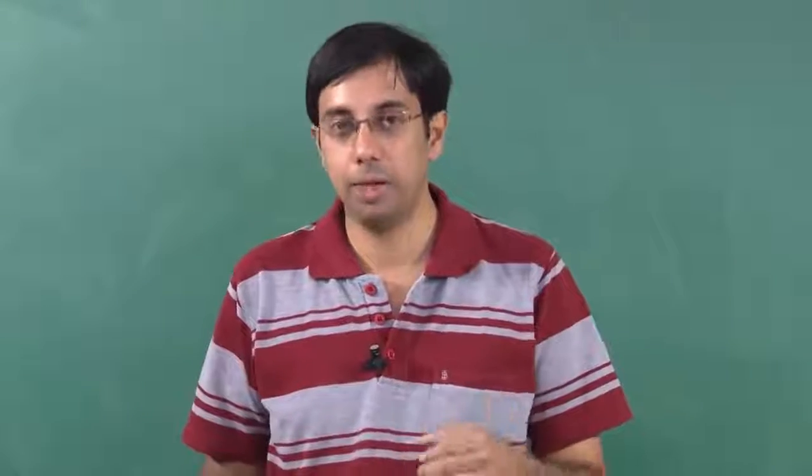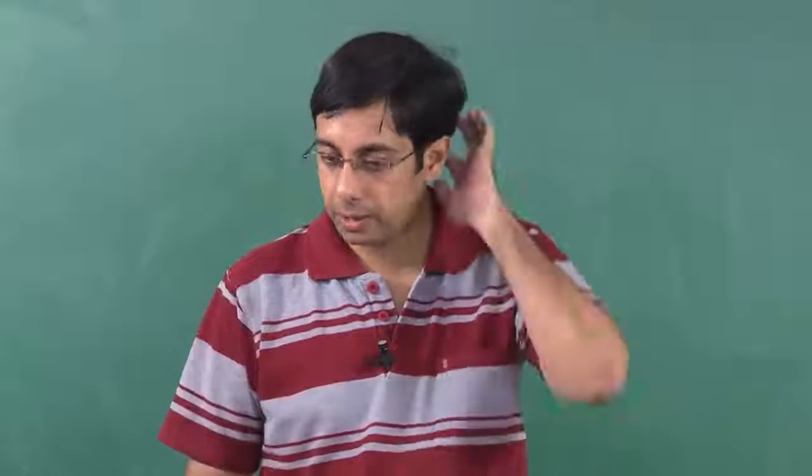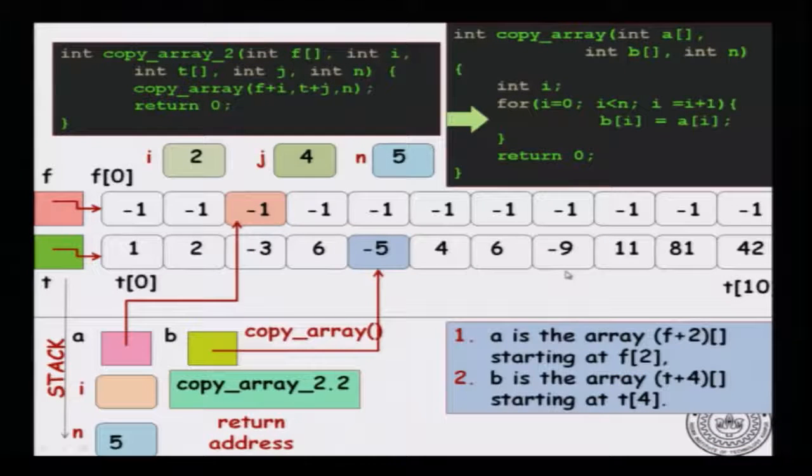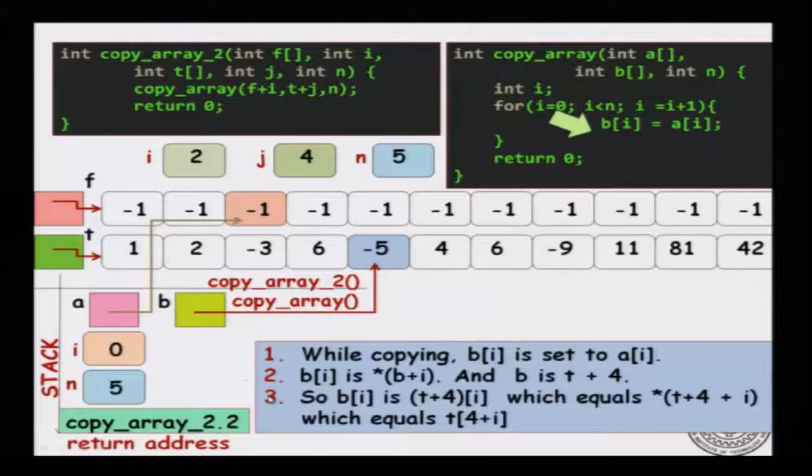And here is where we are exploiting that fact. So you now copy n elements from this location to this array. n is 5. When you execute that, copy array 2 should copy 5 elements starting from here to 5 locations here. So that's what it will actually do.